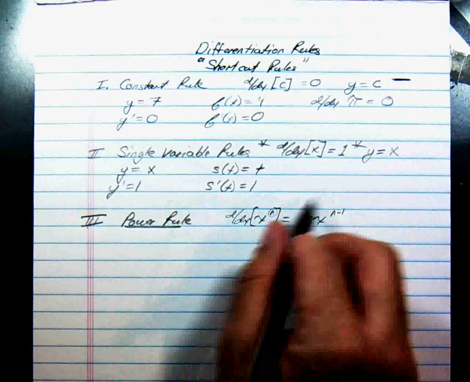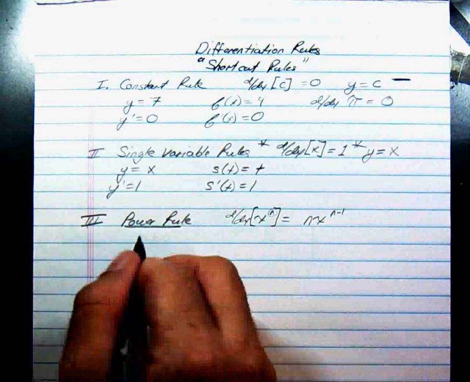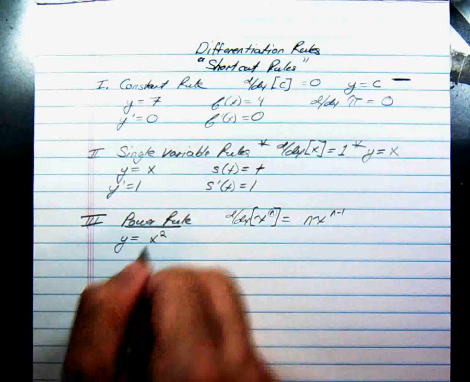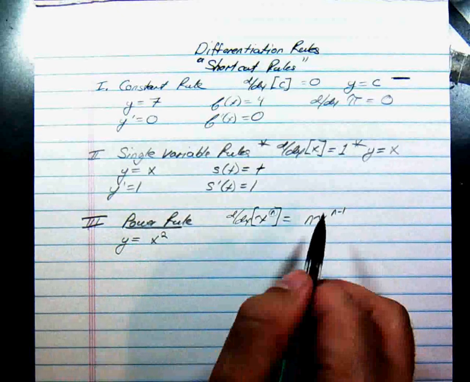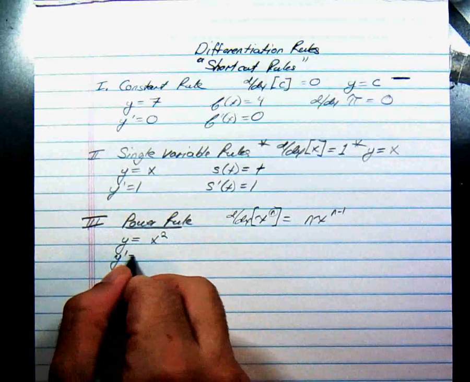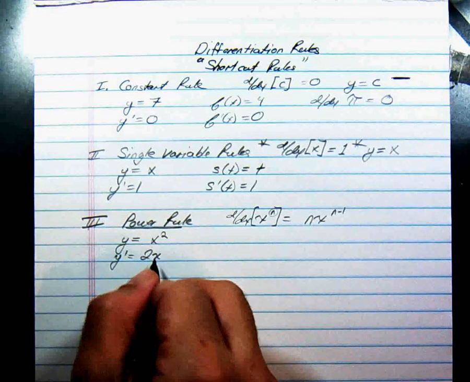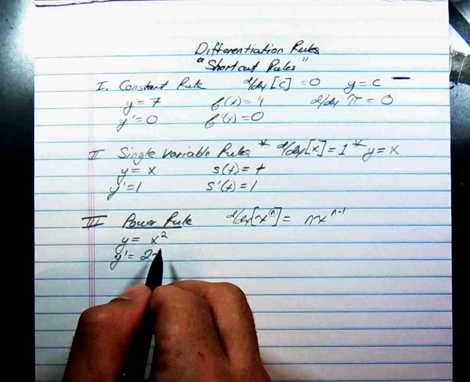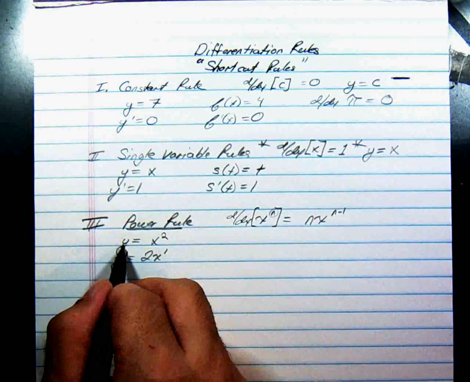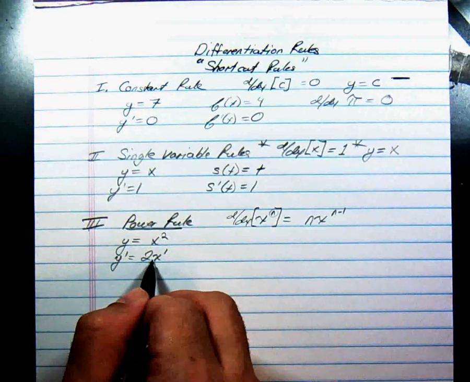And that might be a little weird to see symbolically, so let's go ahead and look at a few examples. If I have y is equal to x squared, now the power rule says to take the 2, put it in front, so we know that y prime is going to be 2 times x, and subtract 1 from the 2. 2 minus 1 is 1. So the derivative of y equal to x squared is 2x to the first power.